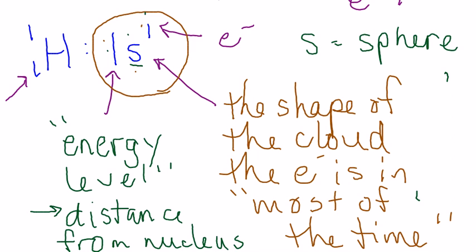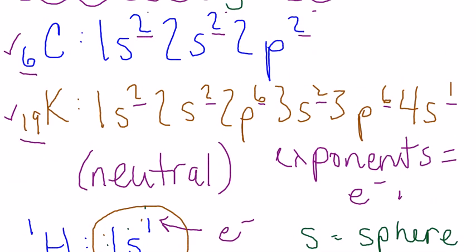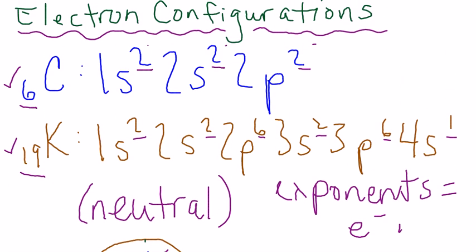And the other important thing is that when you add up the exponents, as we did here, they add up to the number of electrons. So that's where we'll start, and we'll work from there.